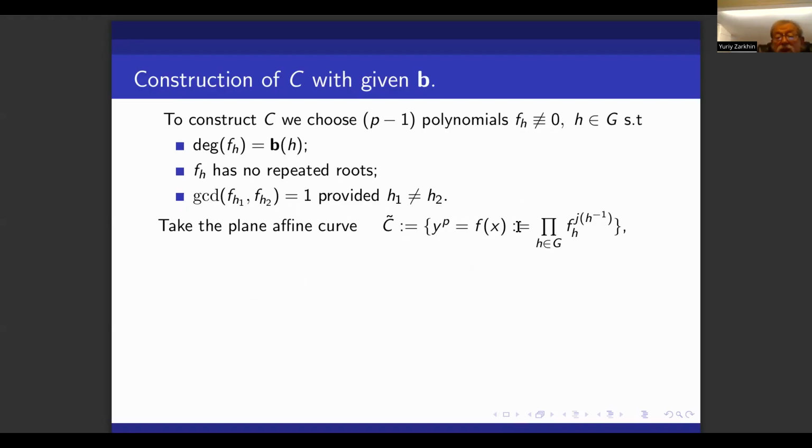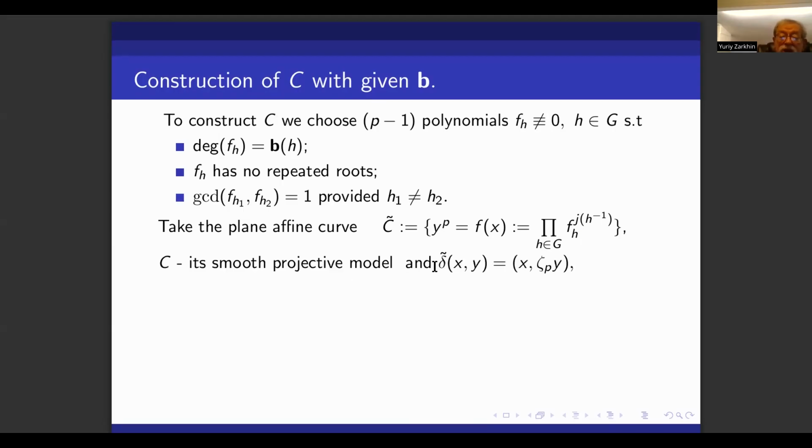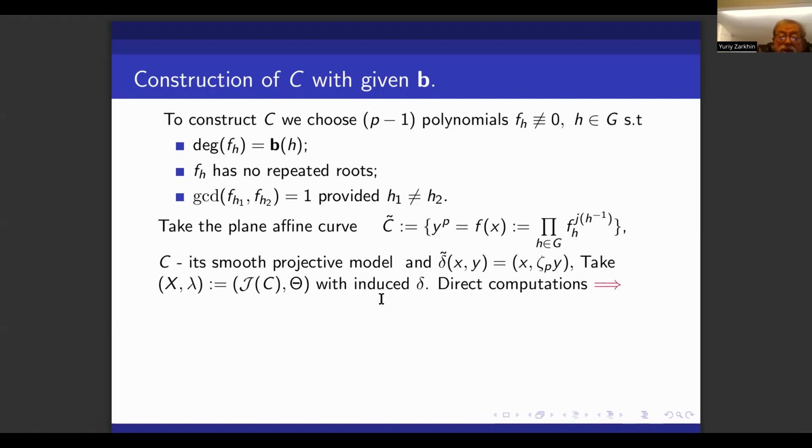Now let's take as polynomial f of x the product of the polynomials f h raised to the power g of h inverse. Remember, we introduced a certain function g on our group G. And consider the affine curve C tilde defined by the equation y to the p equals this f of x. C is a smooth projective model, and we have an obvious automorphism of period p, (x, y) goes to (x, zeta p y), and take the Jacobian with induced delta.